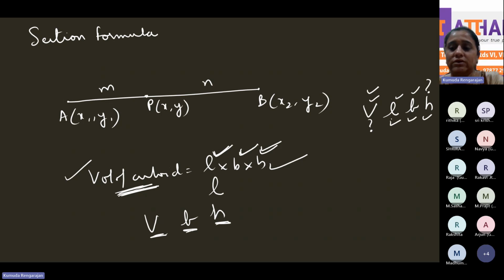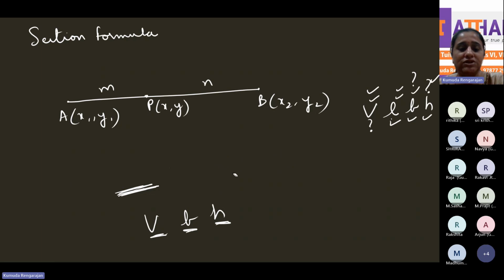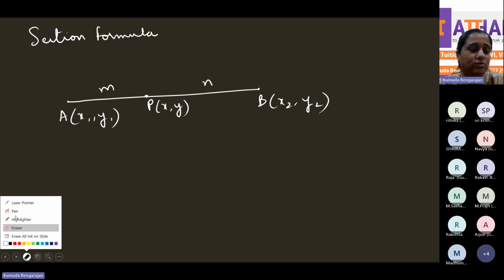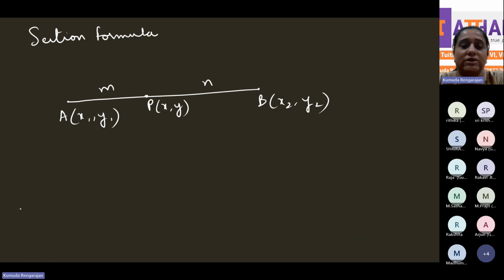If you're given volume, length, and height, you can find the breadth. So they are the other ways in which the formula is useful. Given sufficient information, you can find the others too.